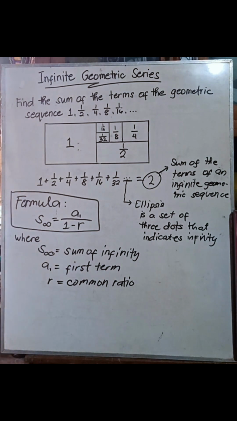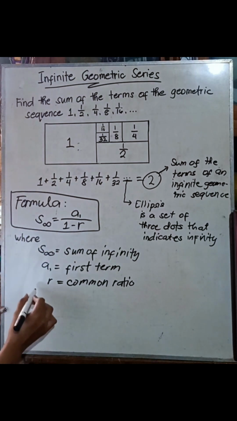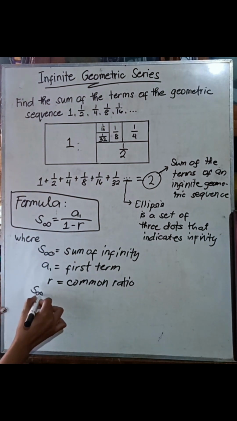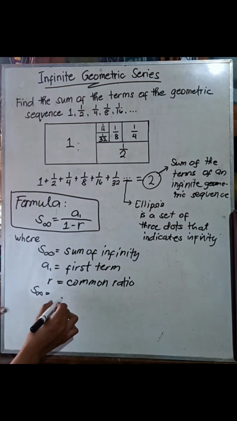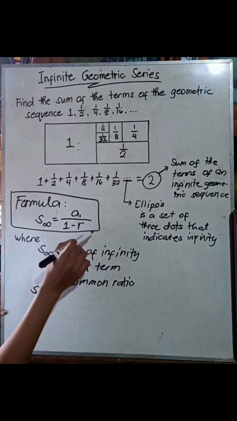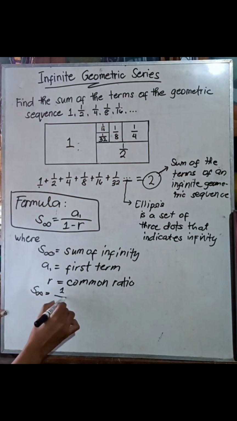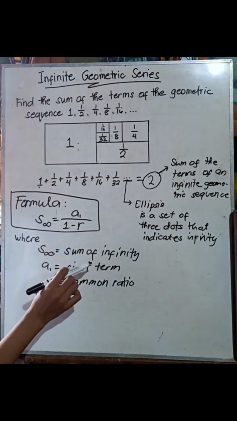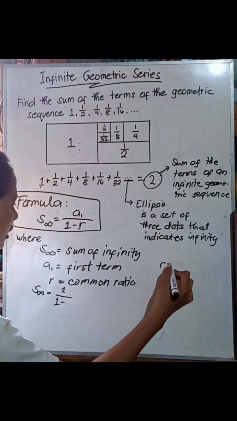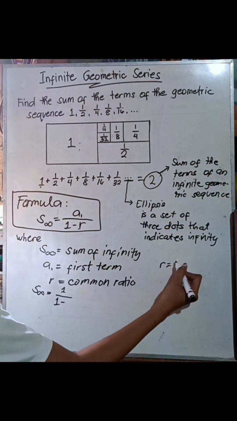So let us test if the formula is correct. So let's try to solve this problem again using the formula. We have S sub infinity is equals to atong a sub 1 is kani. First term is 1 over 1 minus ang r natin. r is equals to a sub 2 over a sub 1.